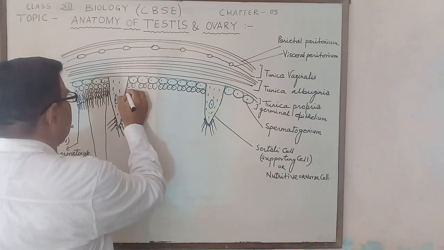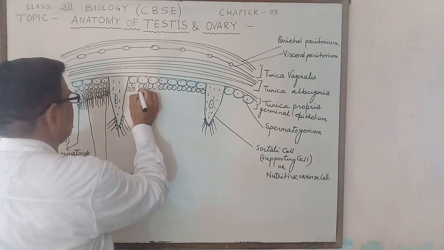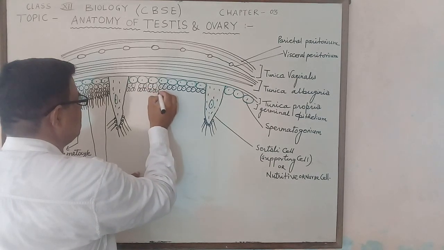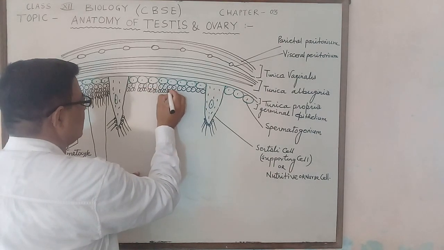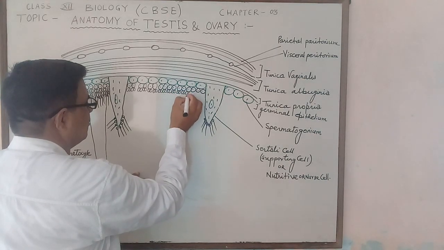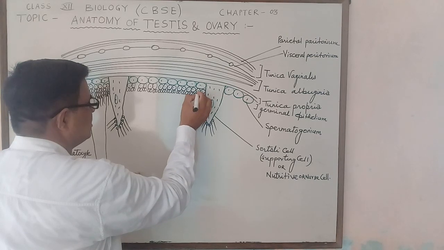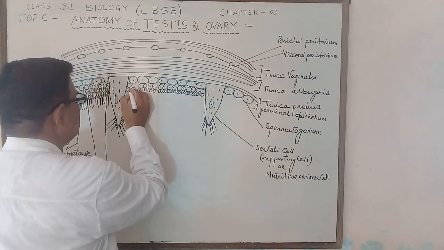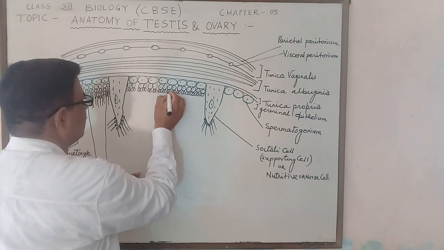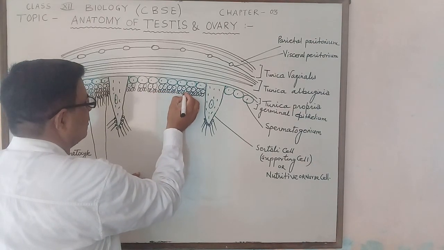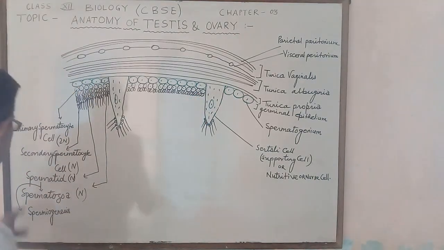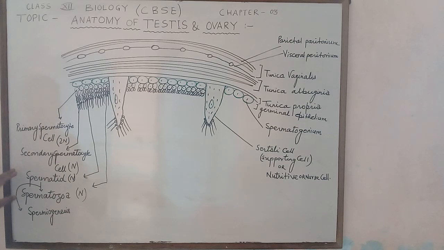So each spermatogonium cell, as a result of mitotic division, produces two cells, and the primary spermatocyte cell, which is diploid, as a result of meiosis first, produces the haploid secondary spermatocyte cell.